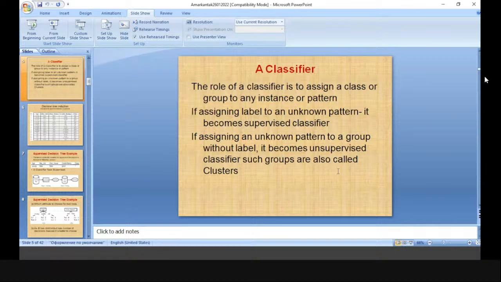All the students in the classroom are attending Saxena sir's C class. So that is unsupervised. So accordingly there are two types of classifiers: one used for supervised classification, the other used for unsupervised classification.